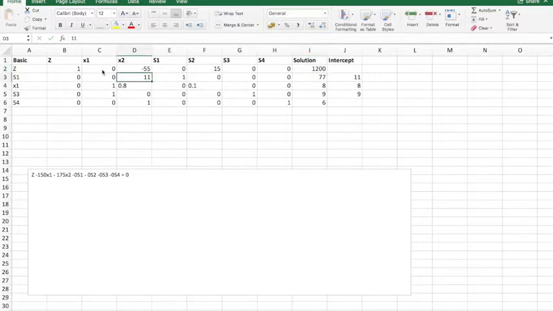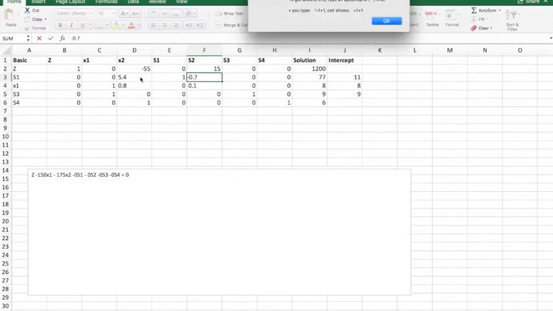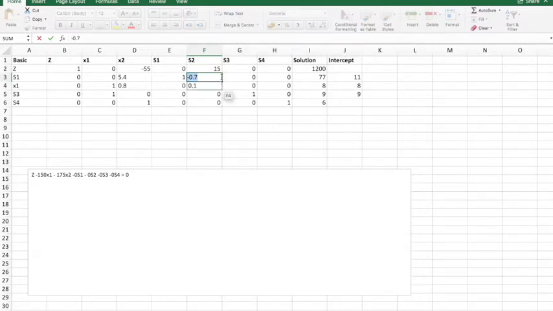I'm going to leave the y-intercept, okay, and x2 here is 5.4. S1 stays 1, S2 becomes minus 0.7, that stays 0, oops. Minus 0.7.